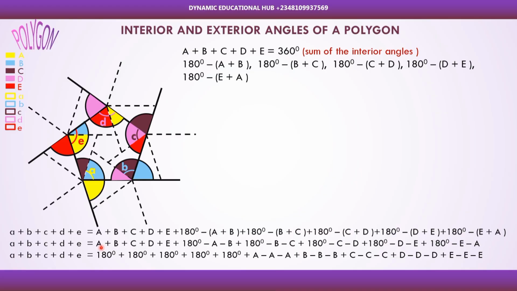Then we are going to have A minus this A, minus another A, the third A. If you look at A very well.